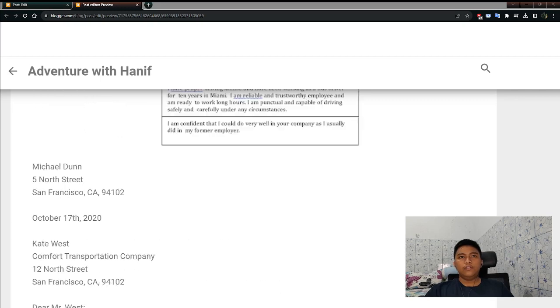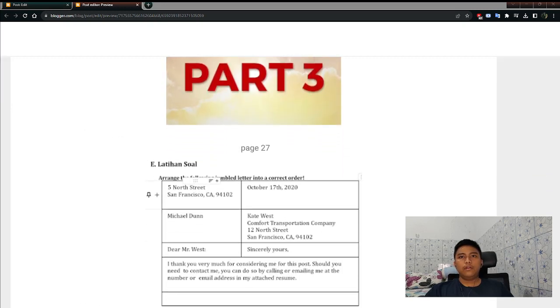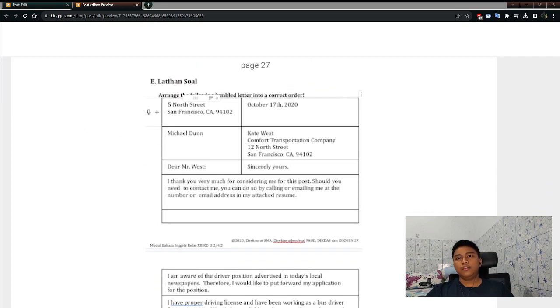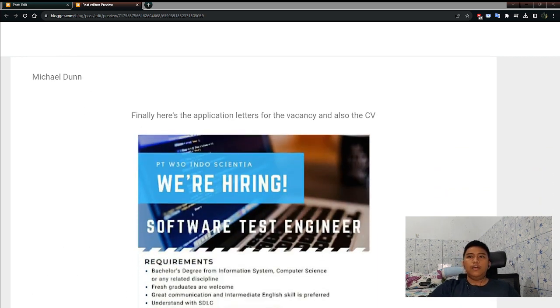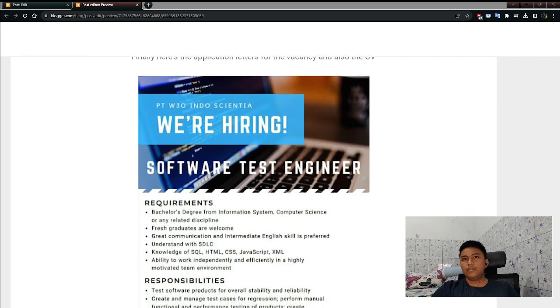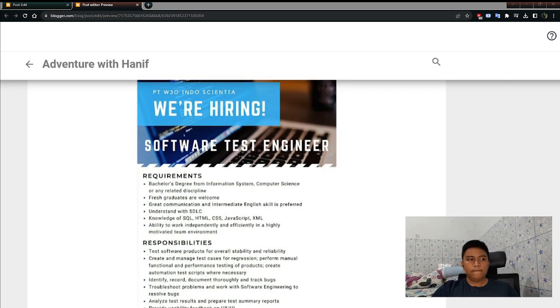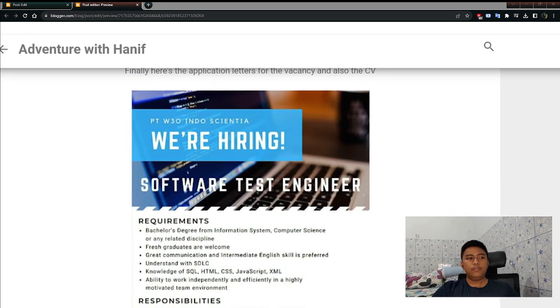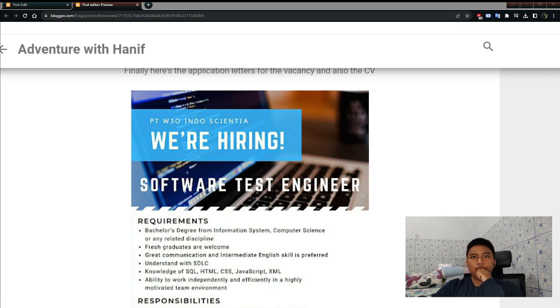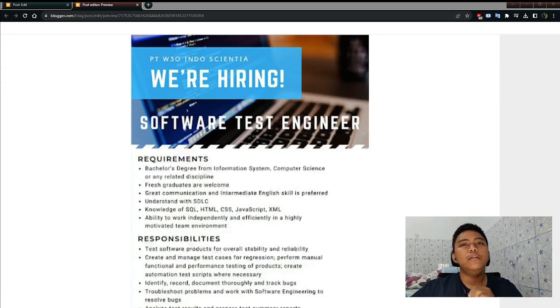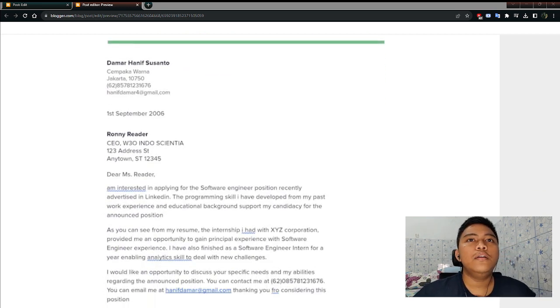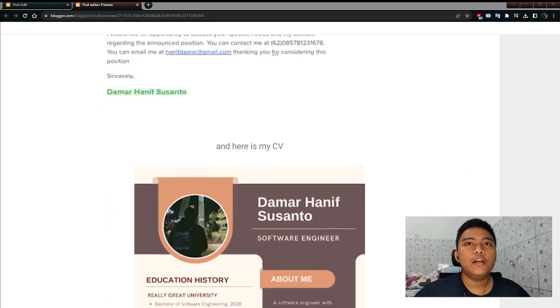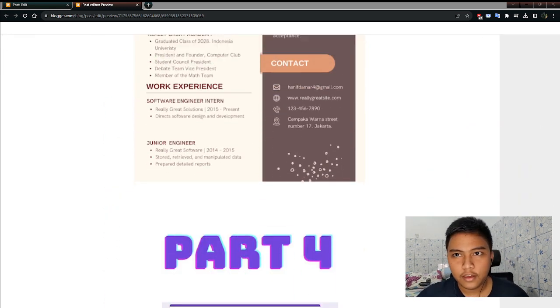One of the exercises is that you have to arrange the structure of the letters, and the second exercise is where you have to find a vacancy on the internet or anywhere that you really want, and you have to write the application letter to them, and also the CV, your curriculum vitae.